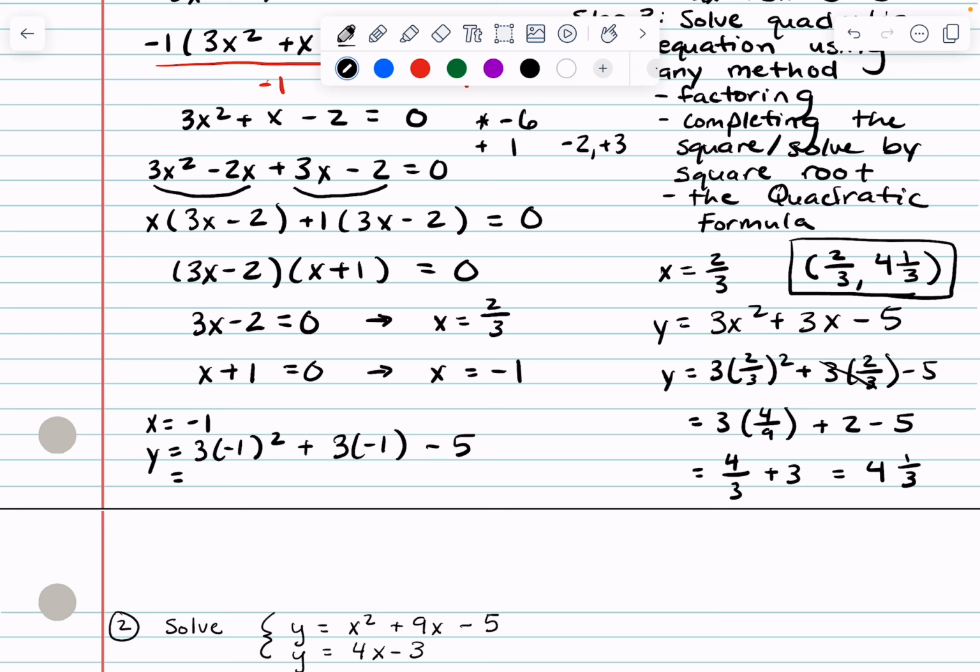That'll get me 3 times -1 squared, which is just 3 times 1, so that's 3. Oh wait, hold on. 3 times -1 is -3, and minus 5. So then I get that y is equal to negative 5. So my second solution would be negative 1, negative 5.